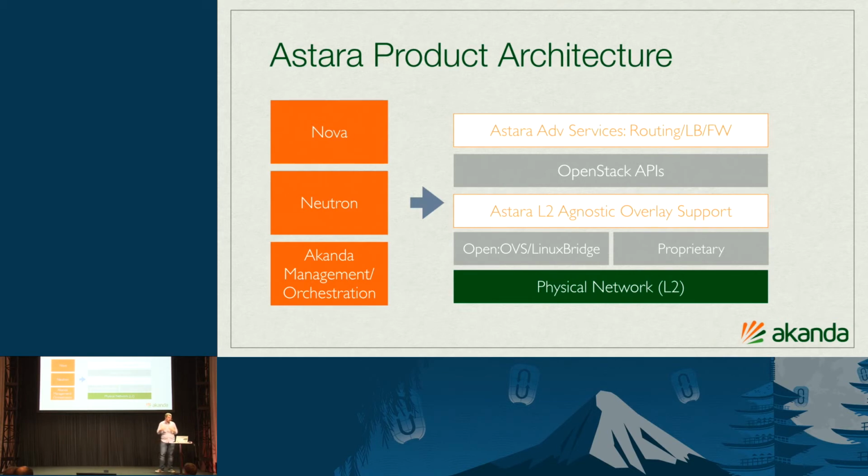Astara has an agnostic layer, so from Astara's perspective we don't really care what the L2 system is, because Astara comes back to the network principles we've used for a very long time, which is to honor the different layers within the networking stack. It makes it very easy to mix and match and switch out components. Above that, you'll find the OpenStack APIs, and then the advanced services in terms of routing, load balancing, and firewall, once the Neutron team in Mitaka gets done rebooting that.